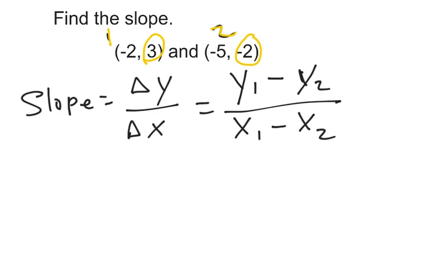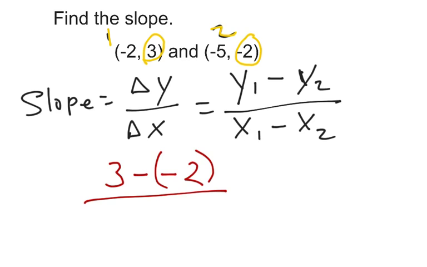So we have y1, which is 3, minus y2, which is -2, over our x's now, and we have, again, we have to start with the same exact side, our x1, which is -2, minus our x2, which is -5.